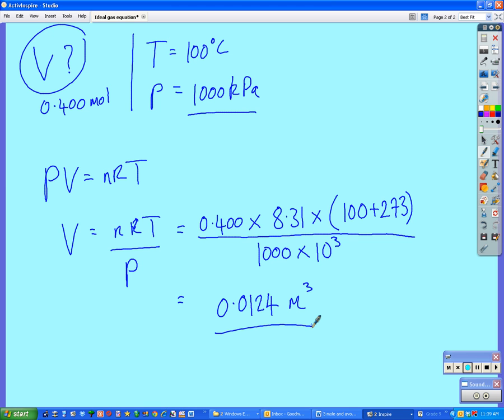I've given 3 significant figures there. Does that seem reasonable? Well, it depends on how precise we're assuming they are. If we assume that all those digits are significant, I feel we can give 3 sig figs there. So any time we're going to work out anything to do with the ideal gas equation, we're going to make sure that we arrange this first into a suitable form.